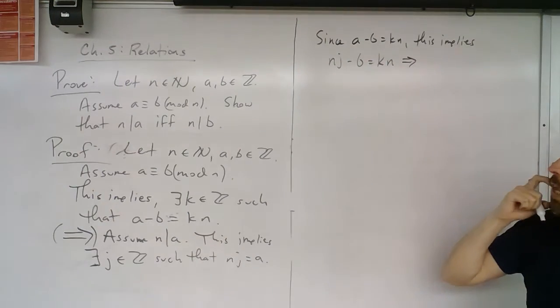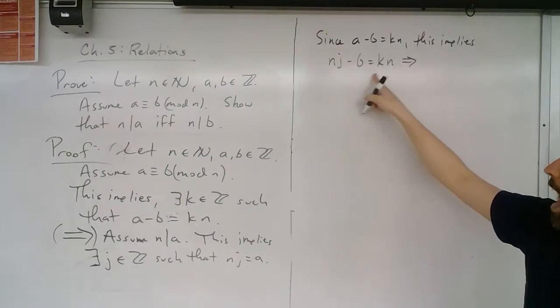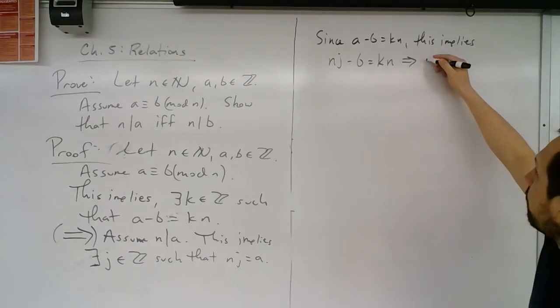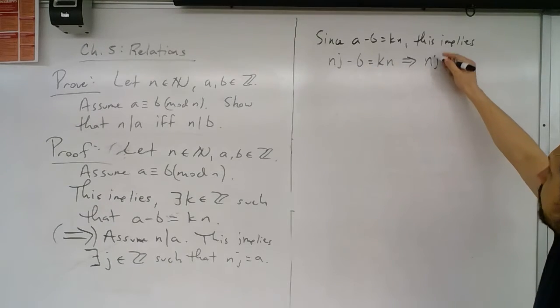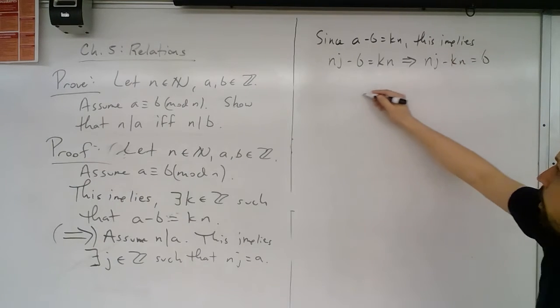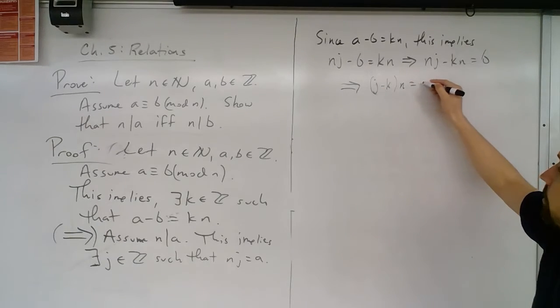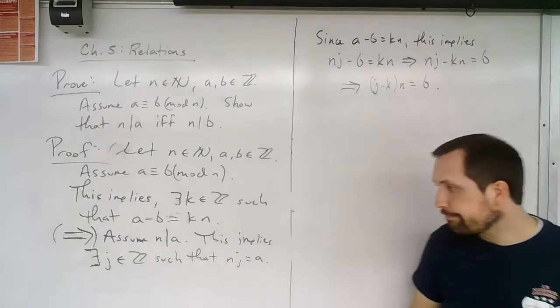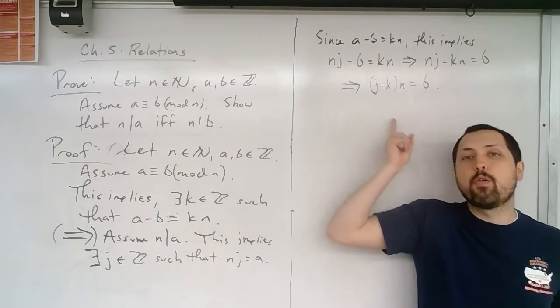But then this implies, by simply moving some of our variables around, I could say add the b over. So I can add the b and subtract this over. So I'd have nj minus kn is equal to b, which then implies that j minus k times n is equal to b. So just do some algebraic manipulation, get it to this form.